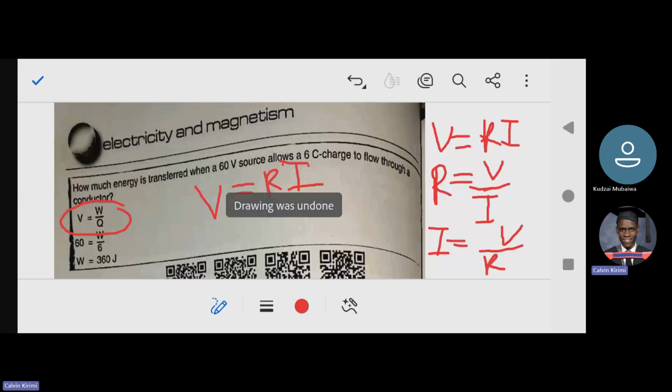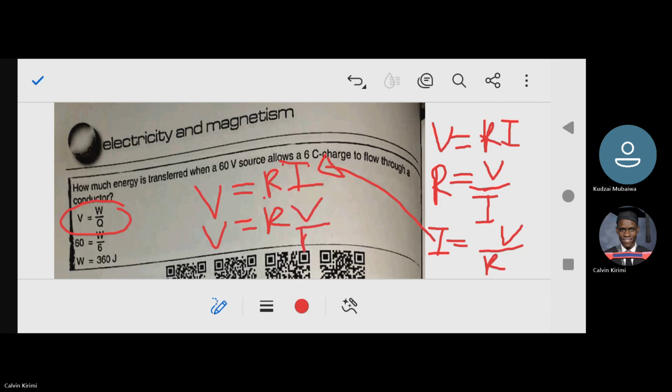At the same time, you can also write current as V over R. So, in other words, you are just manipulating these things. Then we have many formulas, like voltage is equal to I squared R.